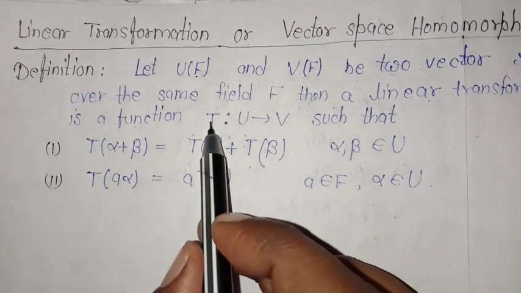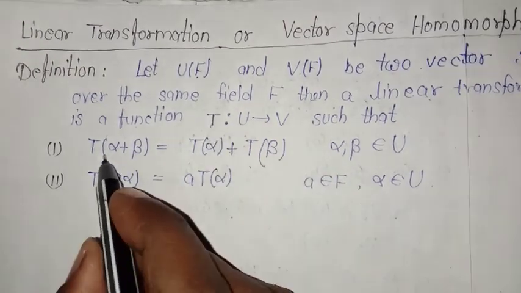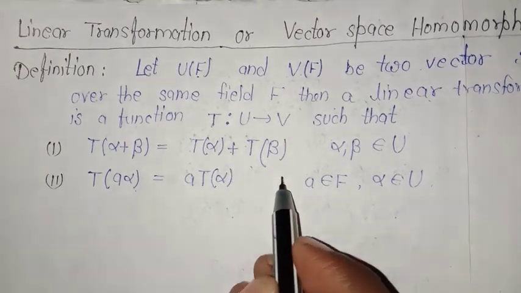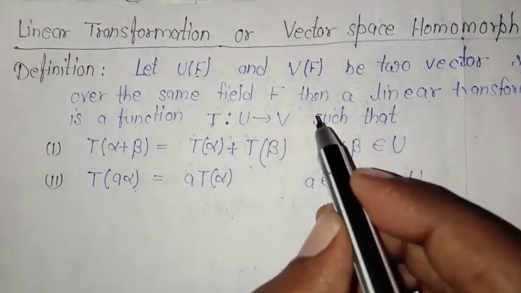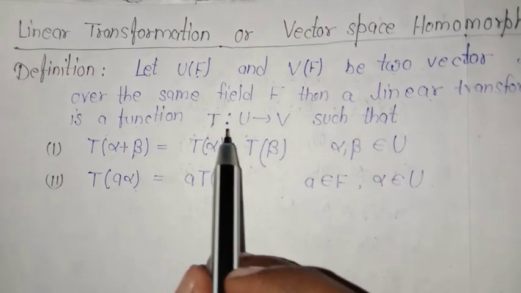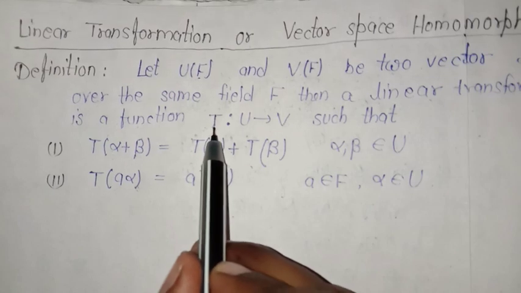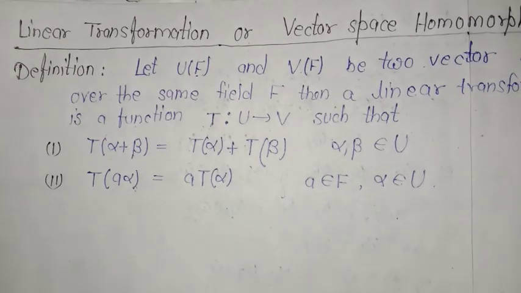We have applied the function T over the vector addition and scalar multiplication, then they are converted into this form. Now if the function T satisfies these two conditions, then this function T is called a linear transformation.